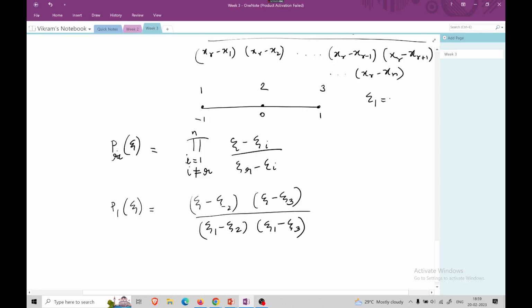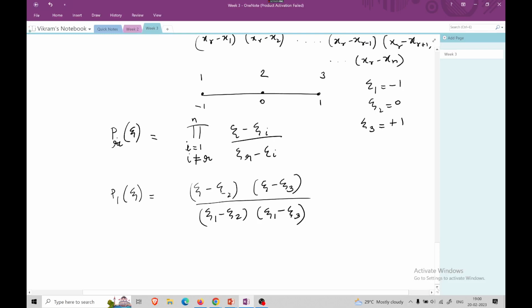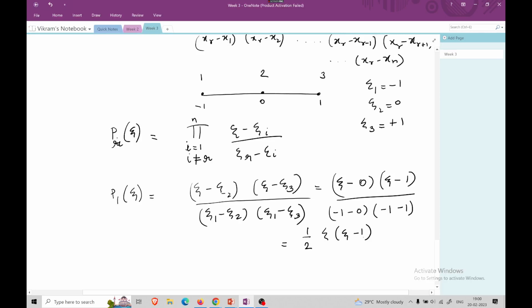Eta 1 is minus 1, eta 2 is 0, eta 3 is 1. If I substitute these values, it will be eta minus 0, eta minus 1, over minus 1 minus 0, minus 1 minus 1. So this is minus 1 into minus 2, which is plus 2. So P1 of epsilon is epsilon into epsilon minus 1 by 2.